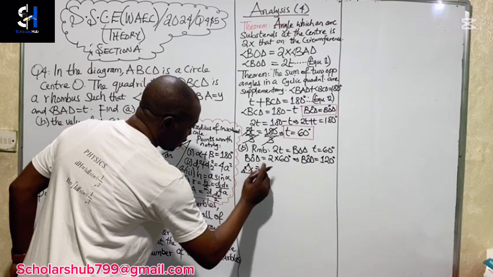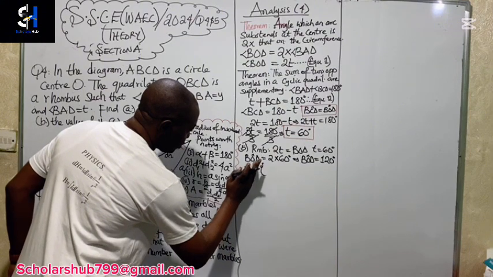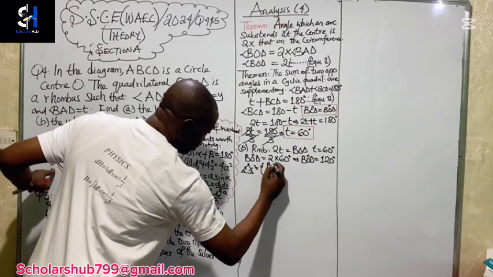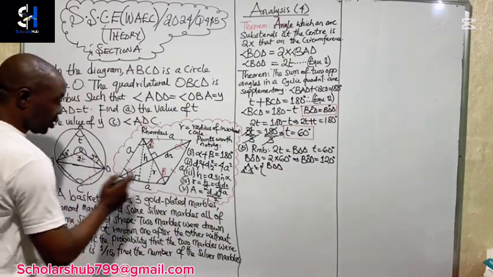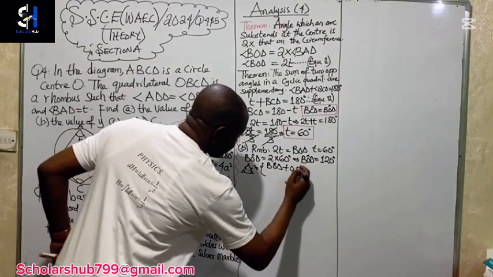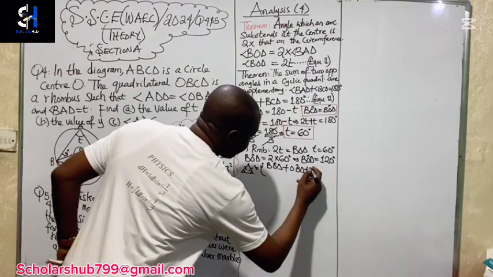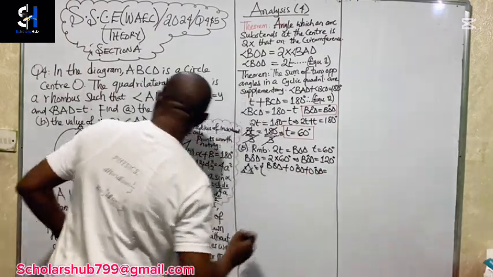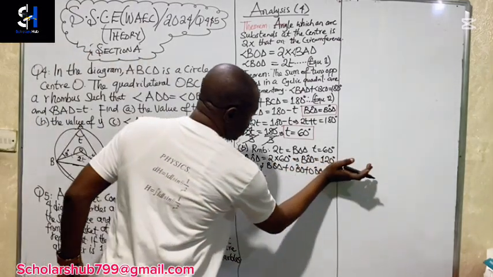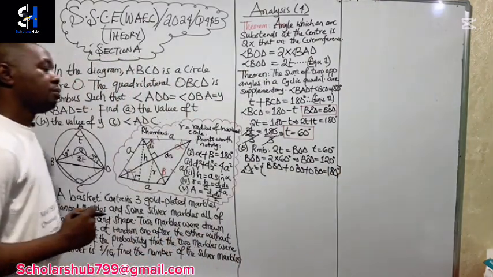So for the isosceles triangle, we're going to use angle BOD plus angle OBD plus angle ODB, and that will be equal to 180 degrees.